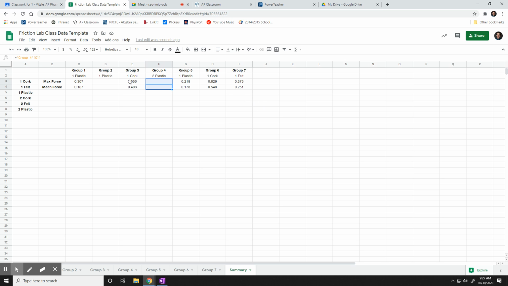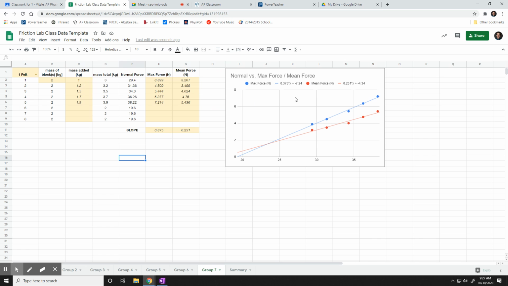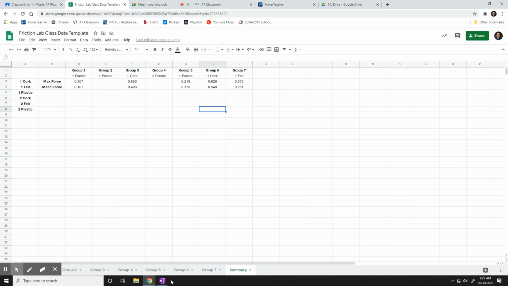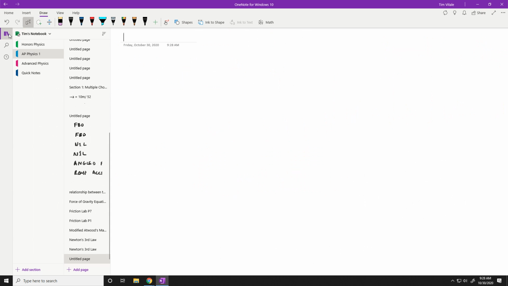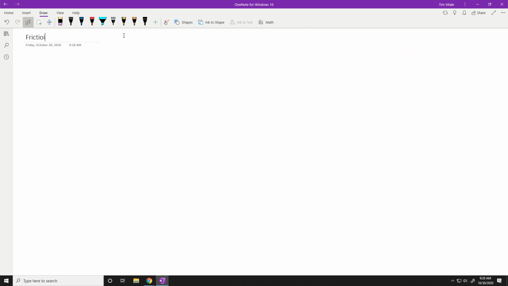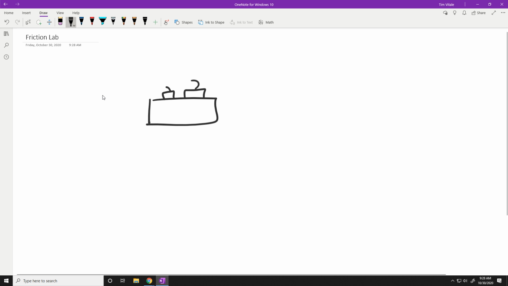But what I want to do is explain what these numbers mean and also explain what it means for the fact that these are linear relationships. There's a lot to pull out from this lab, so I'm going to do that all in some notes right here. Just as a recap, you guys were asked to do this lab, and you were pulling a cart with different masses in it, and you were pulling it with a hook.